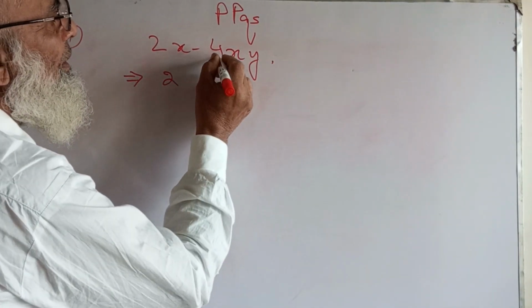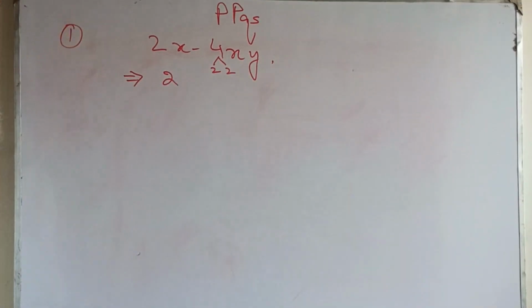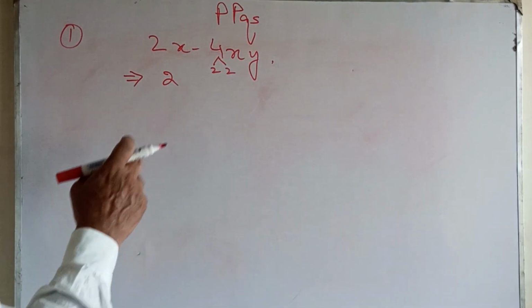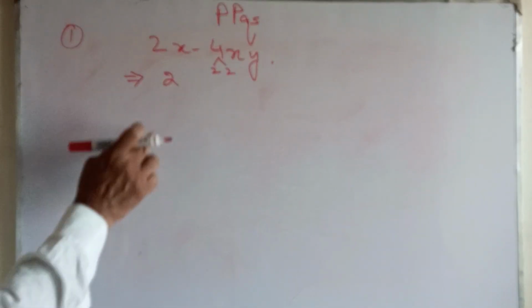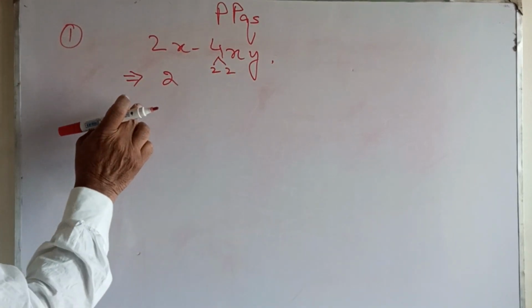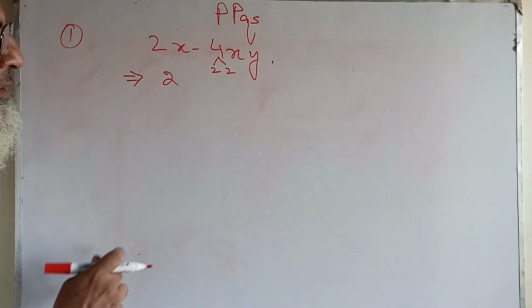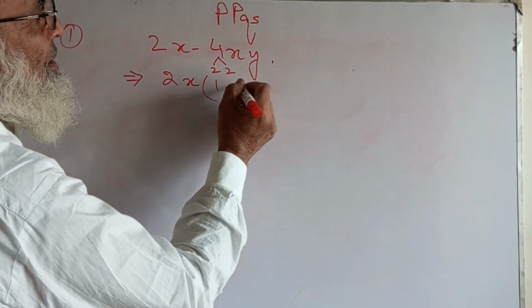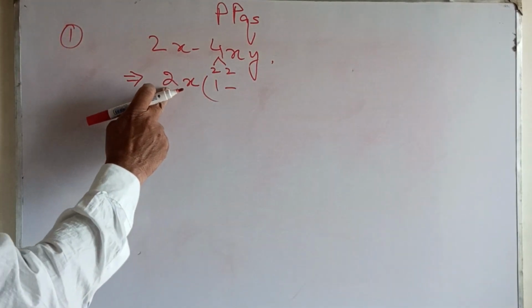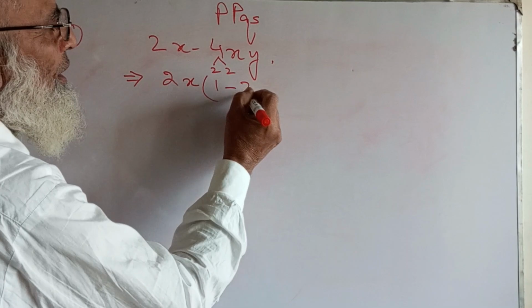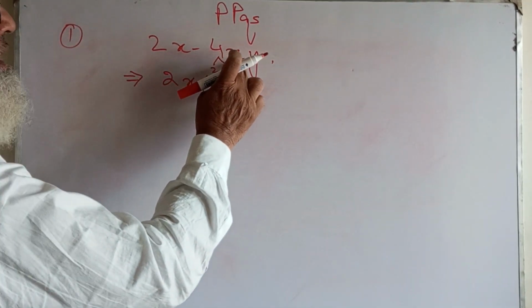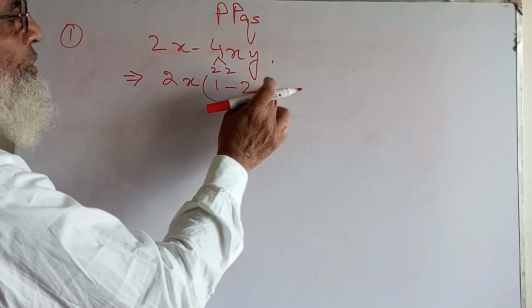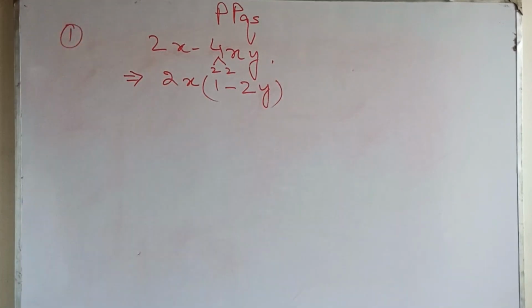Remember this diagram from some earlier chapter. 2 is common, 2 times 2 is 4, and x is also common, so I am going to bring x out as well. So 2 is already out, 1, 2 has been left. Write that 2. x has gone out, so only y is left inside. So this is the total answer of question number 1.